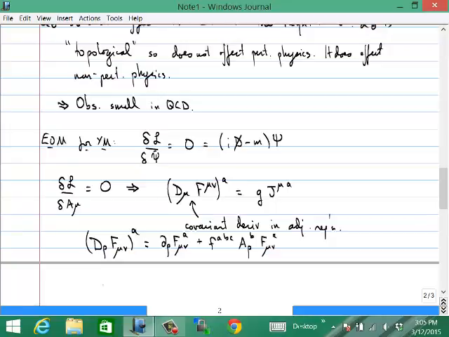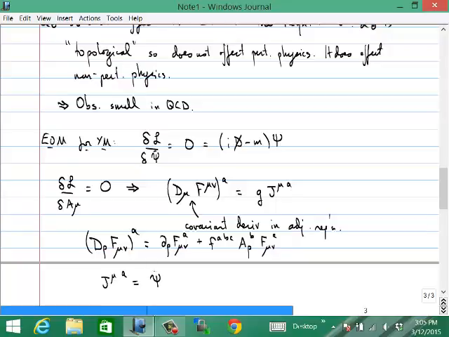And the current here is given by almost exactly what you would expect. This is the current associated with the gauge transformation G, the rotation of the n component vector of Dirac spinors psi. So remember, in the case of electromagnetism, the current was just psi bar gamma mu psi.